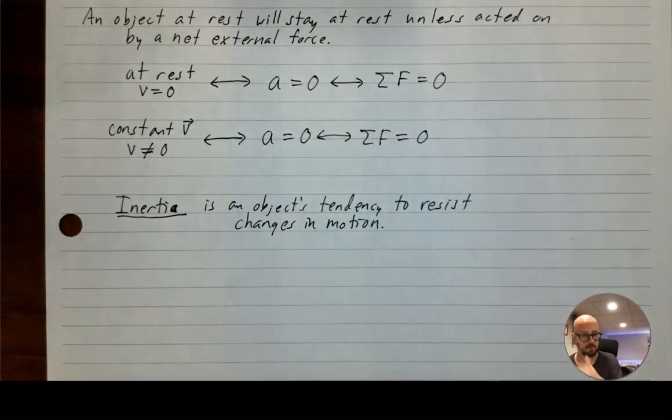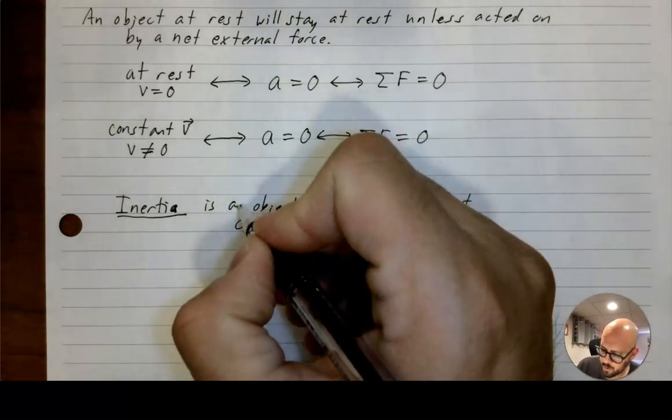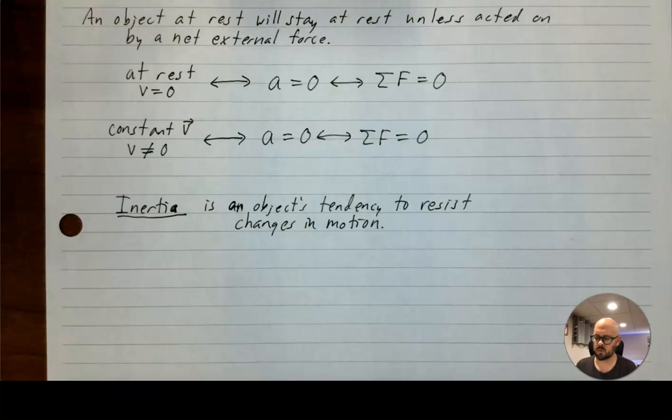So inertia is a property of matter, and some objects have more inertia than others, and the more inertia something has, the better it will be at resisting changes in motion.